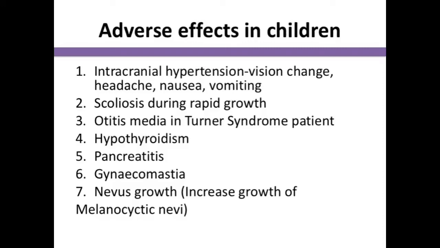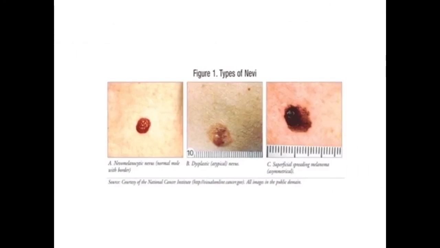They can also have otitis media in patients with Turner syndrome, and hypothyroidism, pancreatitis, gynecomastia in male children, and also nevus growth or increase in the growth of melanocytic nevi, such as these.